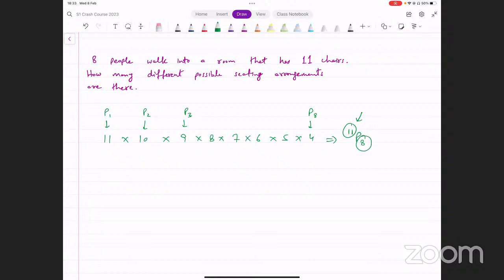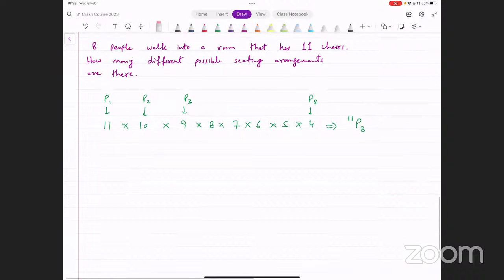If the number of objects that you're trying to arrange is bigger than the number of spaces or places you've got available, then the number of objects comes on top. And if the number of places is more than the number of objects, then the number of places comes on top. All right. If they're equal, then that doesn't matter. That's just going to give you the same thing.